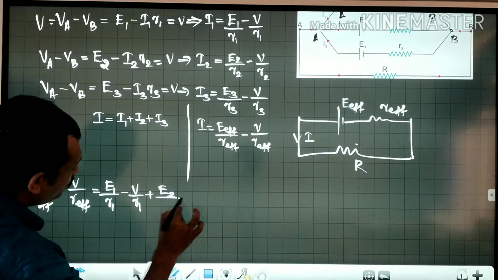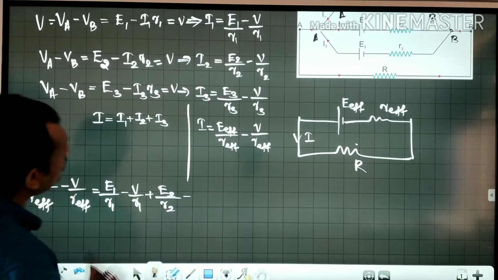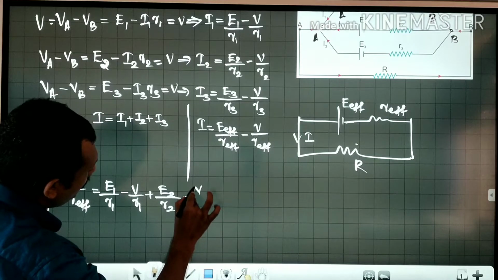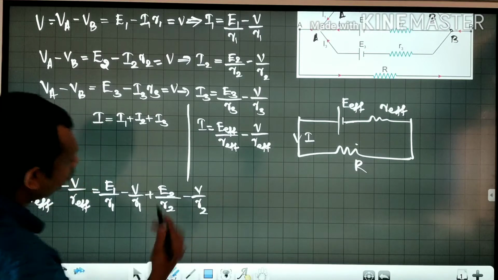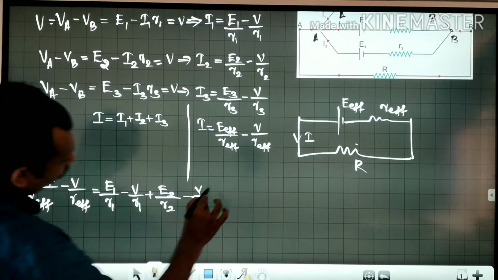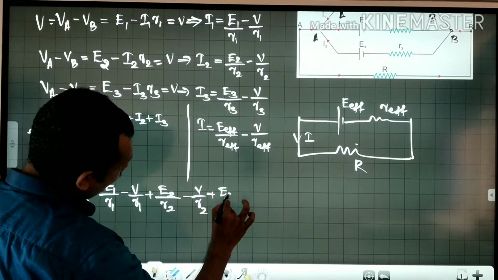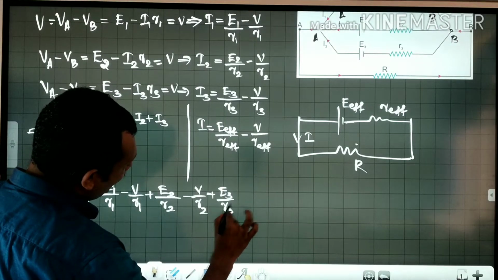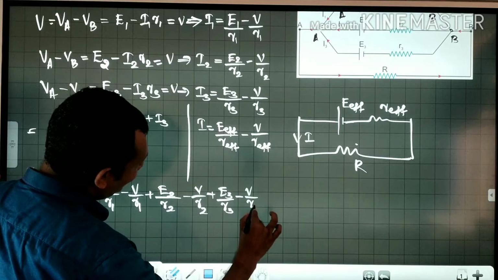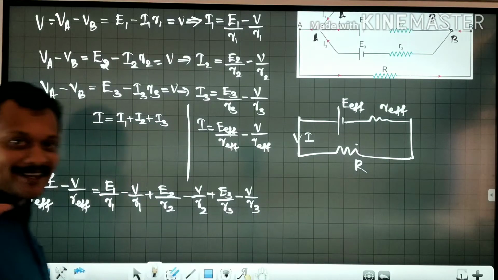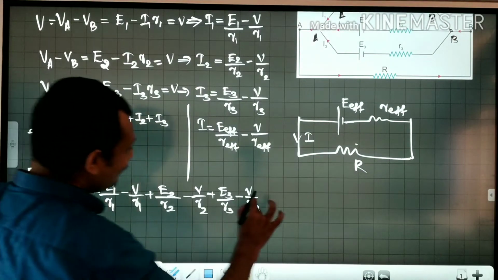E2 by R2 minus V by R2. Then, what is I3? E3 by R3 minus V by R3. Agree? Is it clear to you?